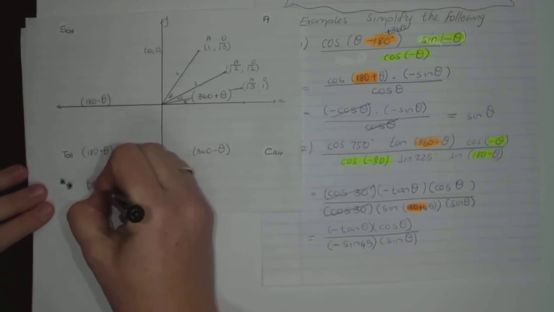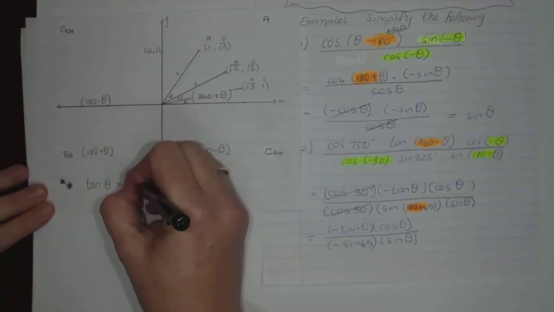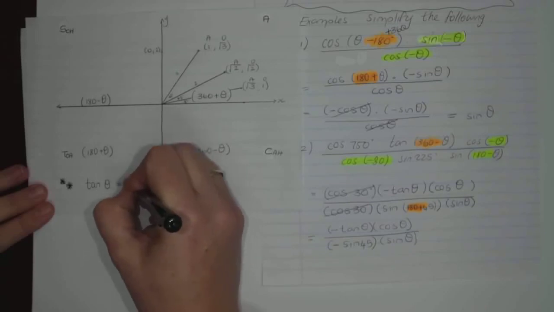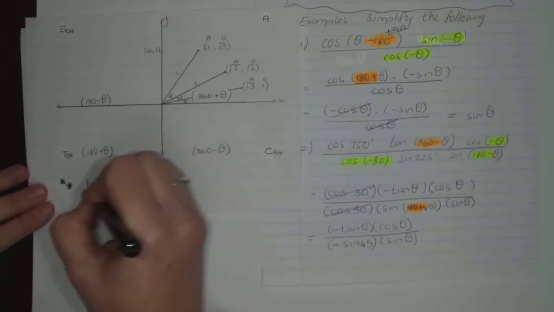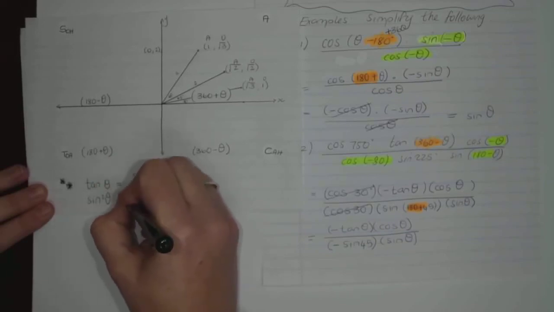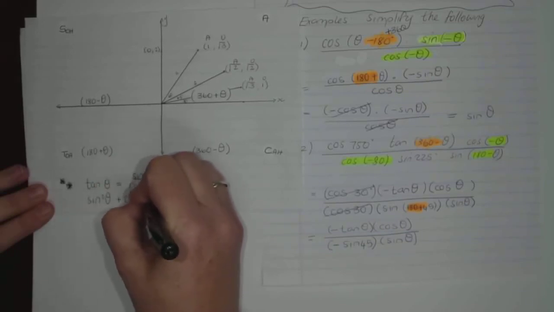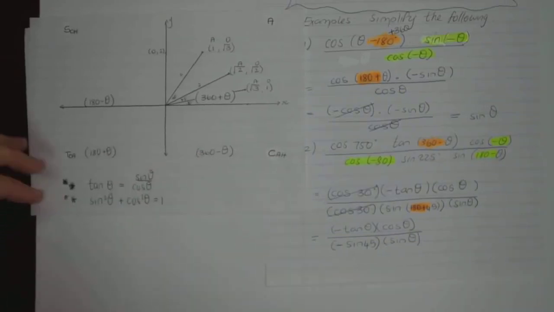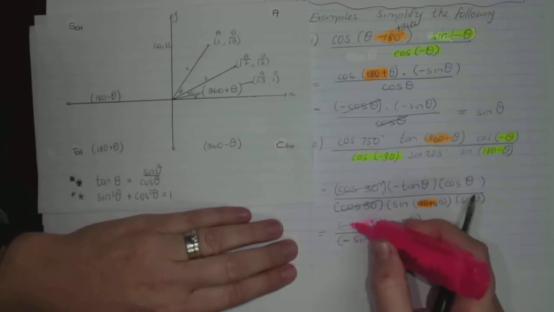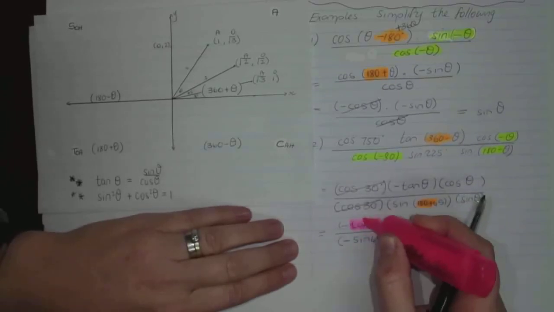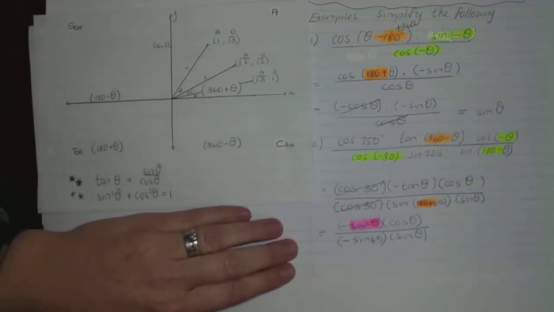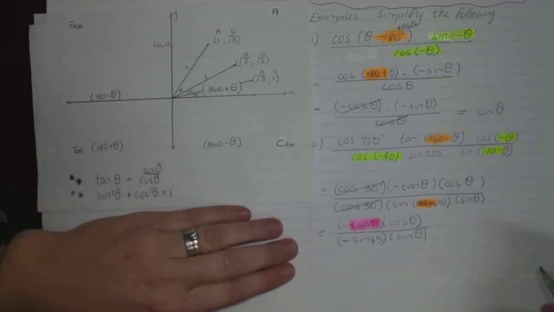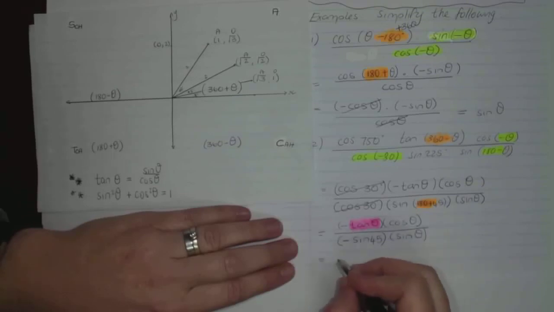I'm going to remind myself that tan theta is sine theta over cos theta, and I'm going to remind myself that sine squared theta plus cos squared theta is equal to 1. What do I notice here? Everything else is written in terms of cos and sine. Can I rewrite tan in terms of cos and sine?